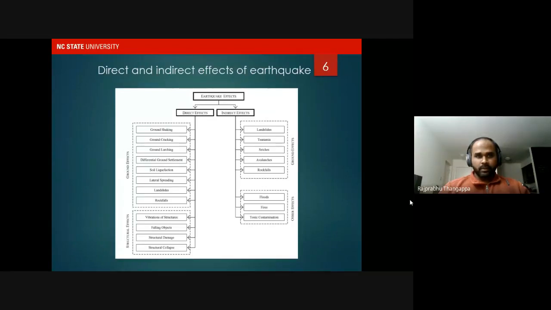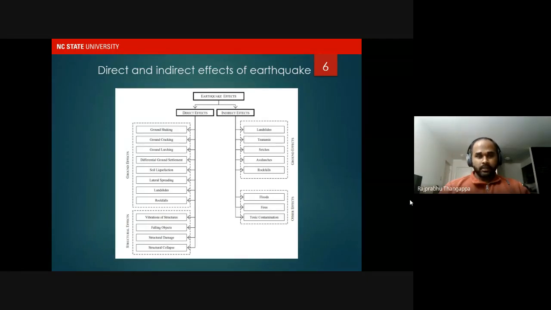So moving on, as structural engineers, we are not interested in how earthquakes arrive or how to measure the distances, and these are taken care of by seismologists. So when it comes to designing structures, we are interested in what are the direct and indirect effects of an earthquake. So as you can see, the direct effects have been divided into ground effects and structural effects.